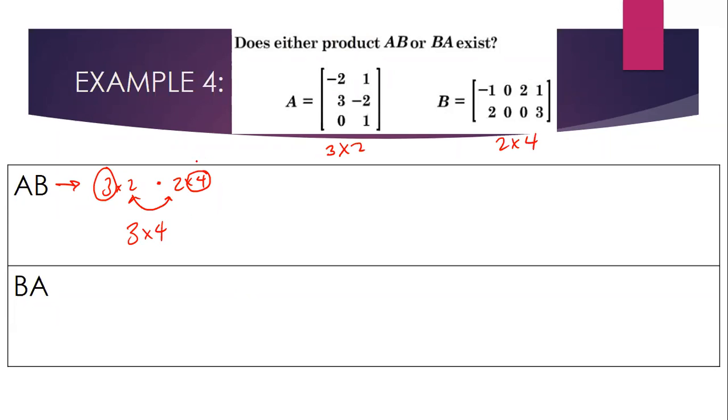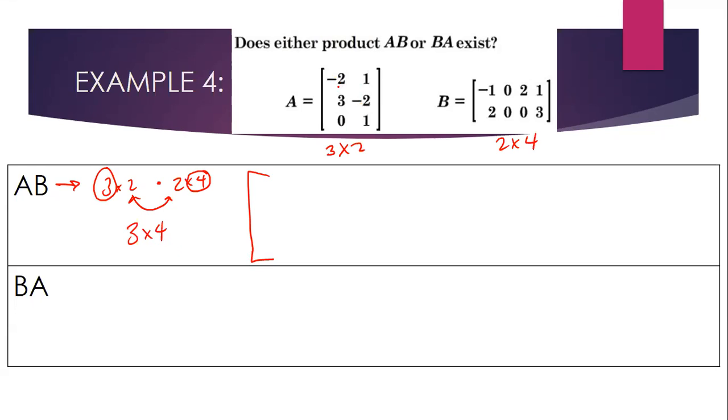Okay, we're going to go ahead and actually find this product so that you can see that it looks like a 3 by 4. All right, remember when we talked about multiplying, you are multiplying the elements in the row times the elements in the column and then adding their products together. So for our AB, we know that we're making a 3 by 4.